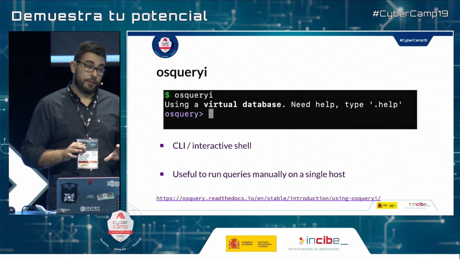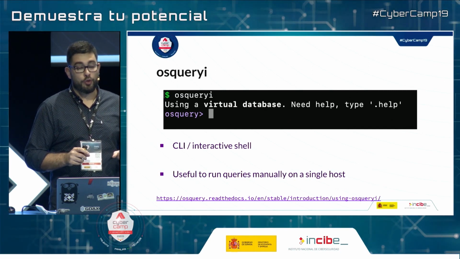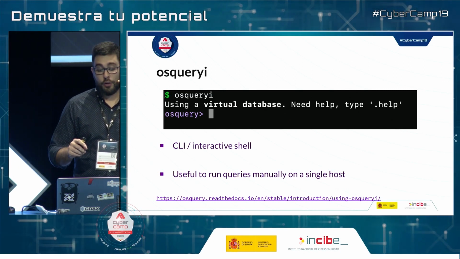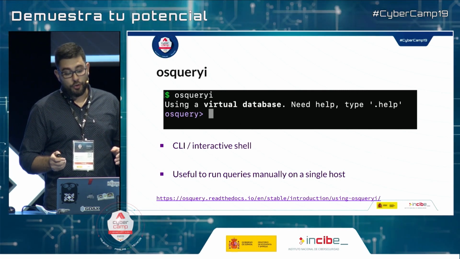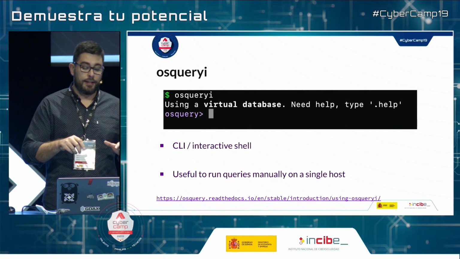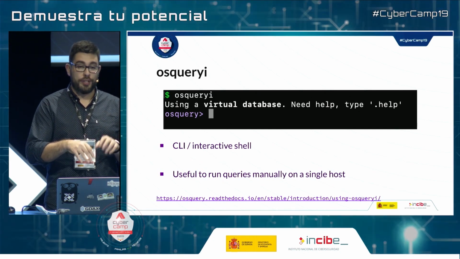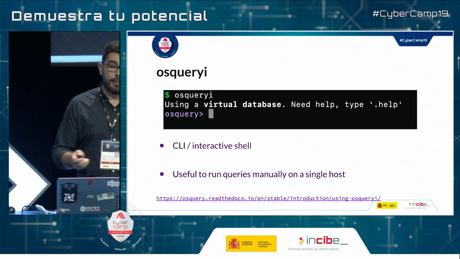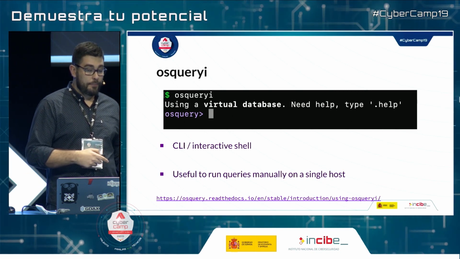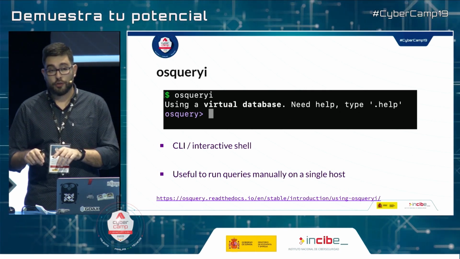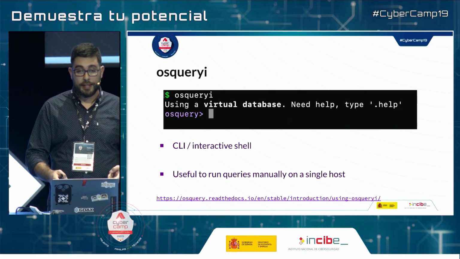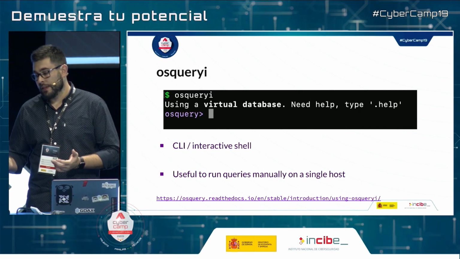So the first concept I would like to introduce within OSQuery is osqueryi, which is an interactive shell, basically the CLI where you can execute your queries. The idea behind this tool is to be able to execute these commands on a local machine.